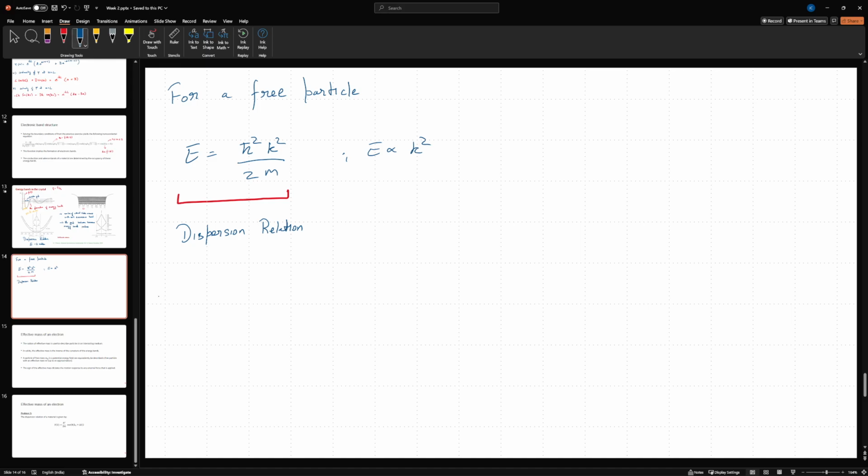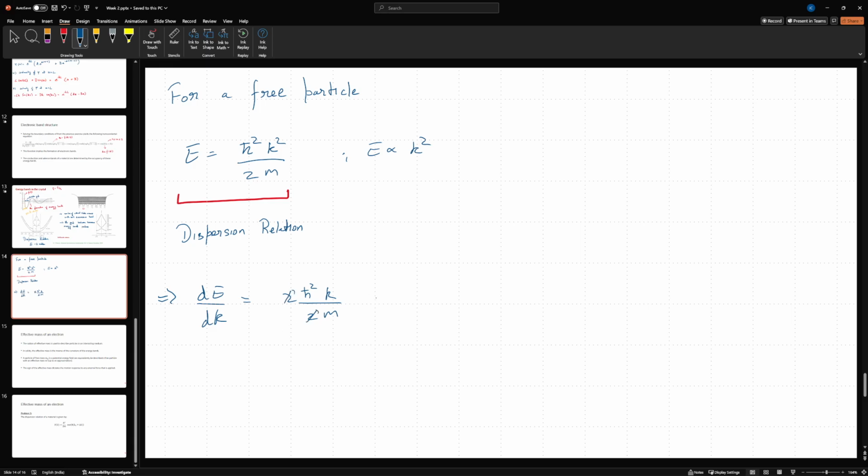So this implies, let me write it like this, dE by dk is equal to 2 h bar square k by 2m. Yeah, the 2 and 2 will cancel each other out.